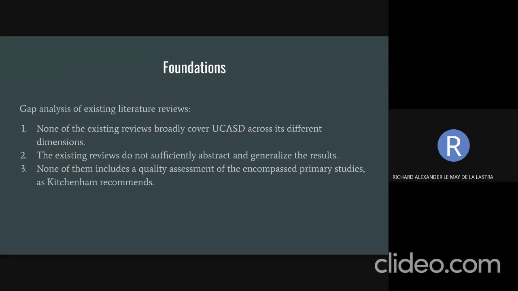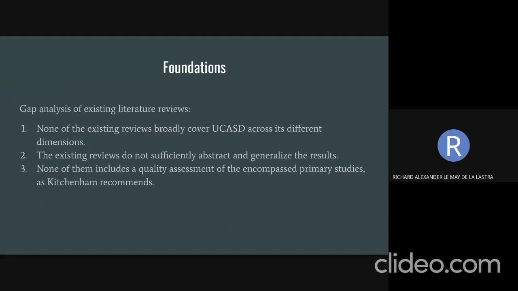The second shortcoming was the existing reviews do not sufficiently abstract and generalize their results. And the third shortcoming was, while each review provided summarized information and included primary articles, none of them included a quality assessment of the encompassed primary series as Kitchenham recommends.